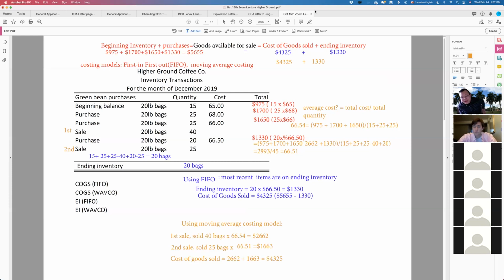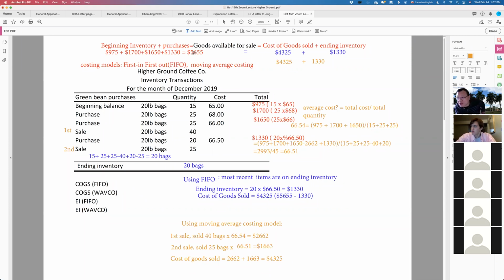So do we have any question on this one? I have a question. Yeah, go ahead, Joshua. Would the cost of goods sold normally change depending on which method you use? Yes. As I mentioned, in this question the goods available for sale during this month is the same, always 5655. This number doesn't change.